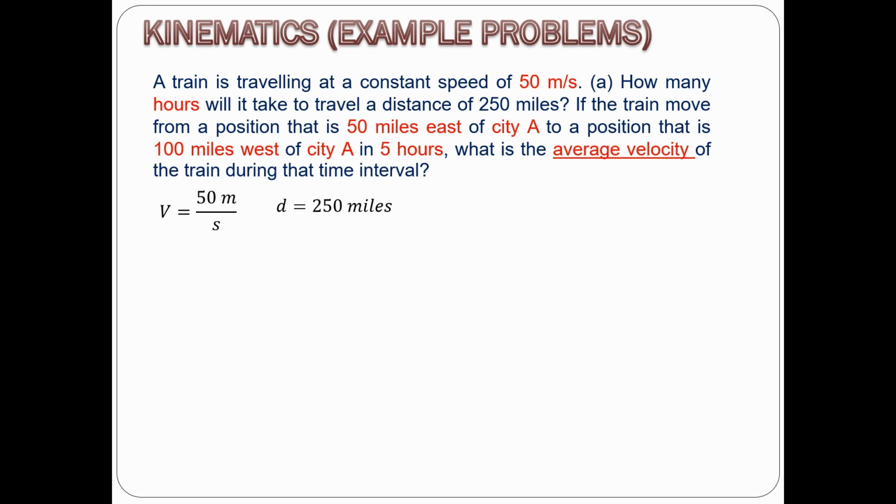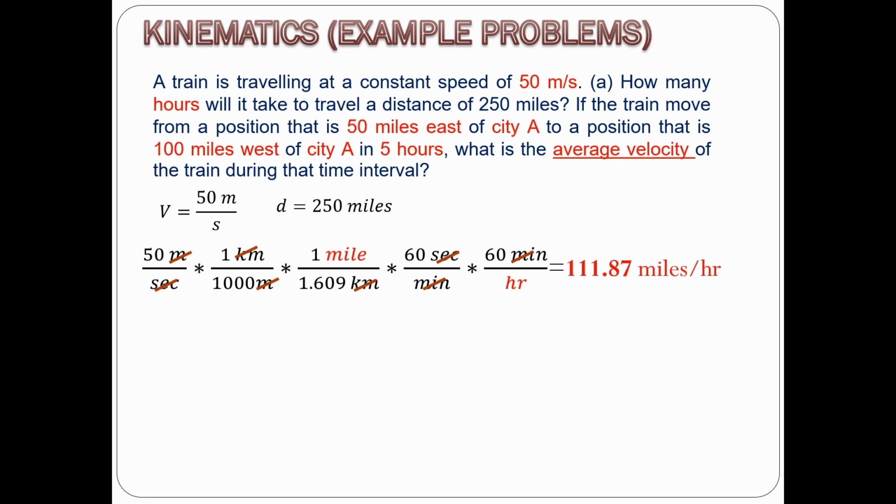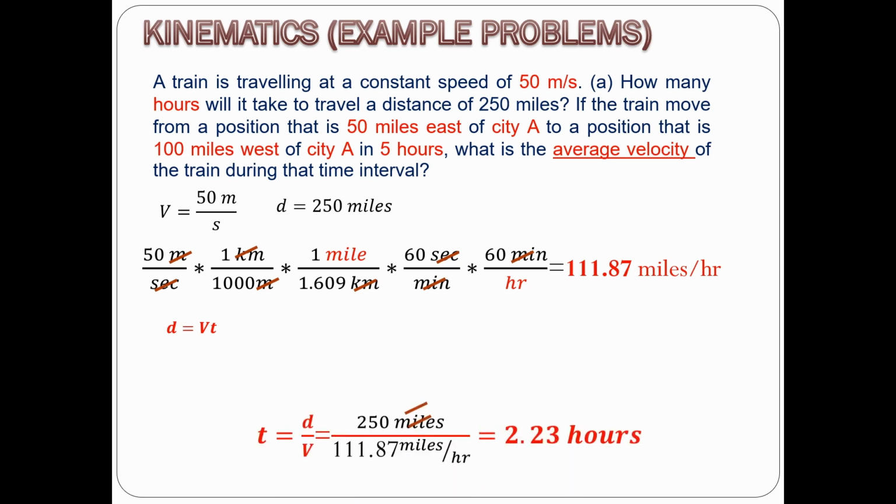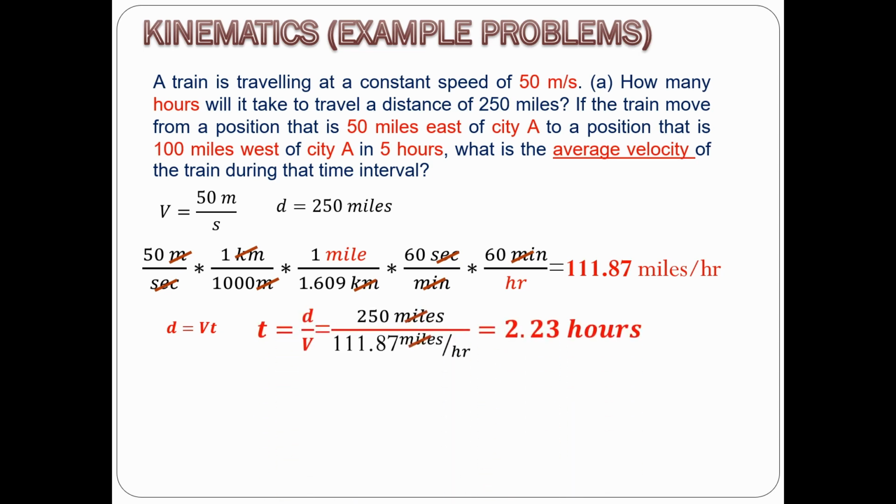Converting 50 meters per second to miles per hour, we get 111.87 miles per hour. Using the formula d = vt and rearranging, we get t = 2.23 hours.